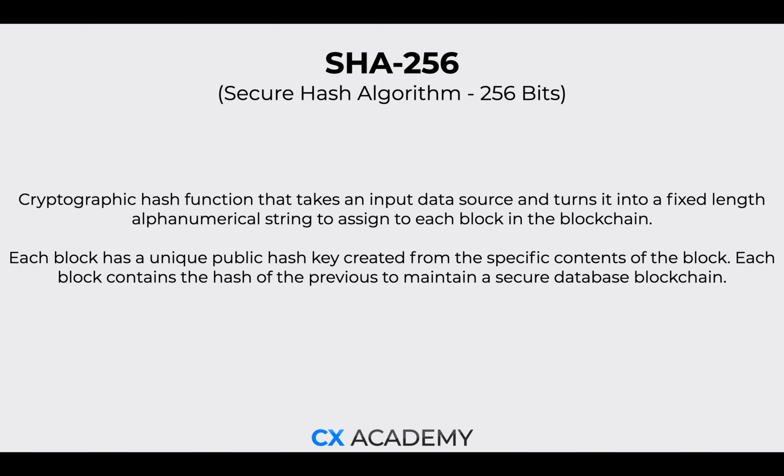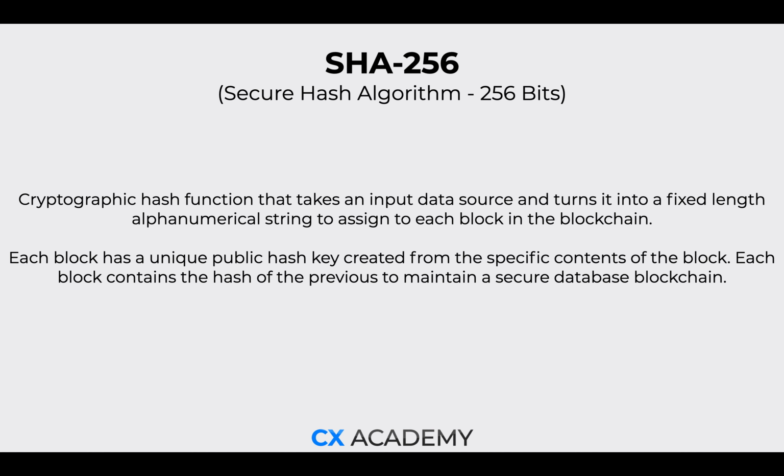So then, let's explain what SHA-256 is. It's a secure hash algorithm, 256-bit encryption. It's a cryptographic hash function that takes an input data source and turns it into a fixed-length alphanumerical string to attach each block to the blockchain.